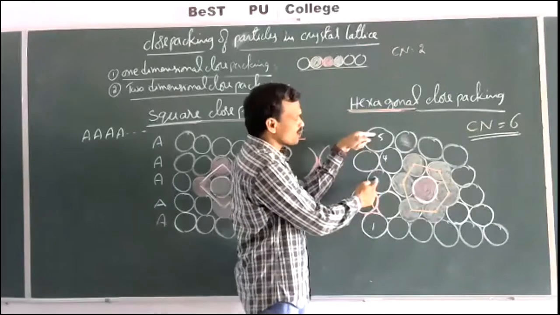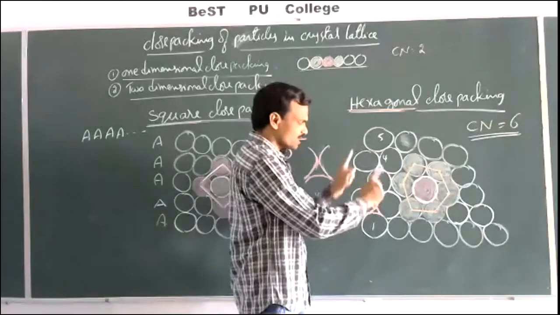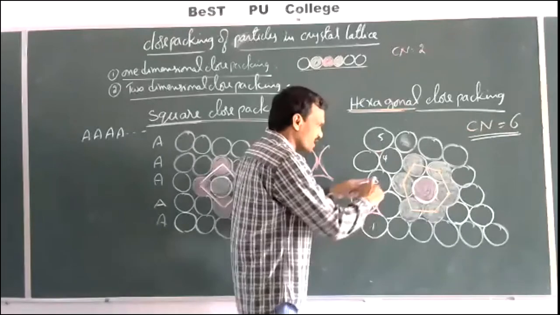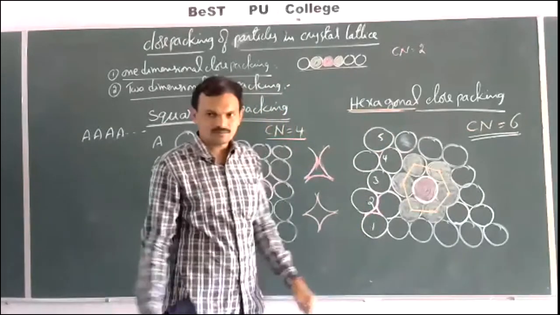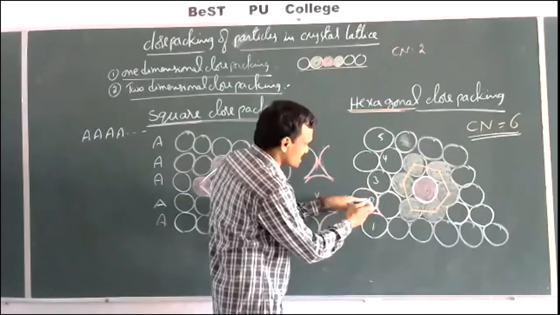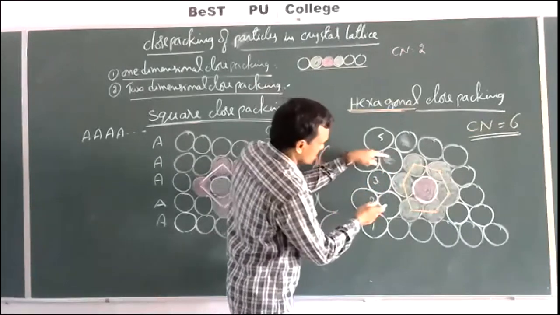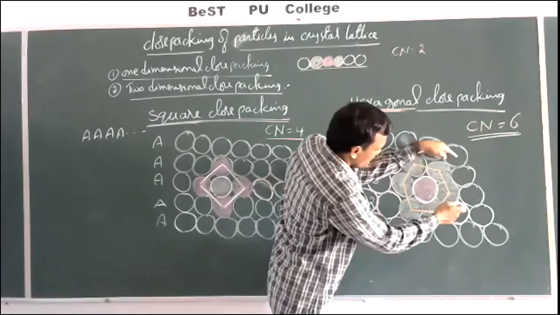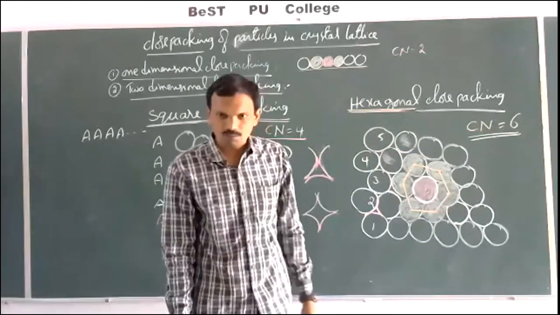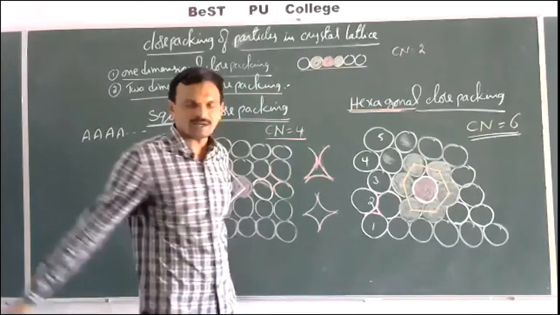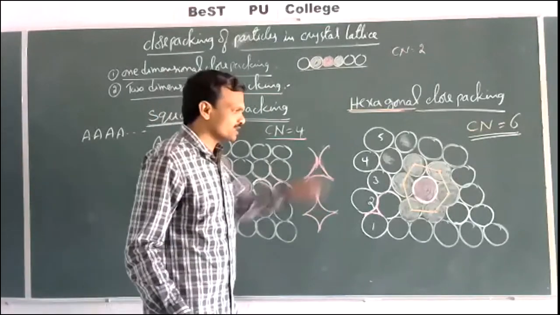The third row is exactly similar to the fifth row. Means 1, 3, 5, the odd number layers are similar. Similarly, the second row is exactly similar to the fourth row. See here now, layers 2 and 4. These two spheres, these two spheres, these two, and then these two. That means here 2 layers get repeated, one with odd number, one with even number.